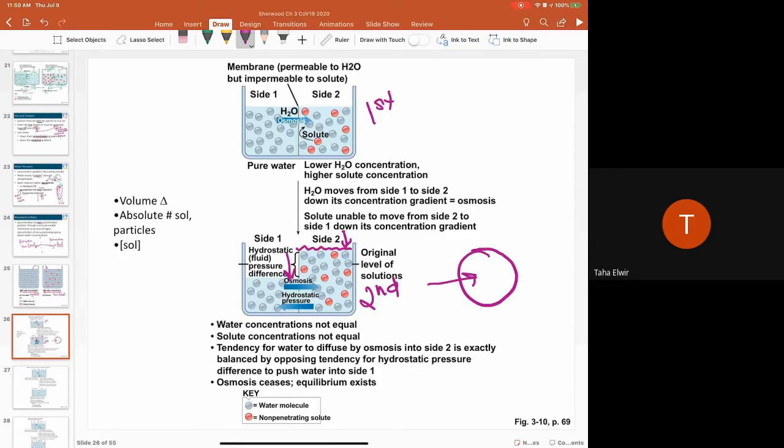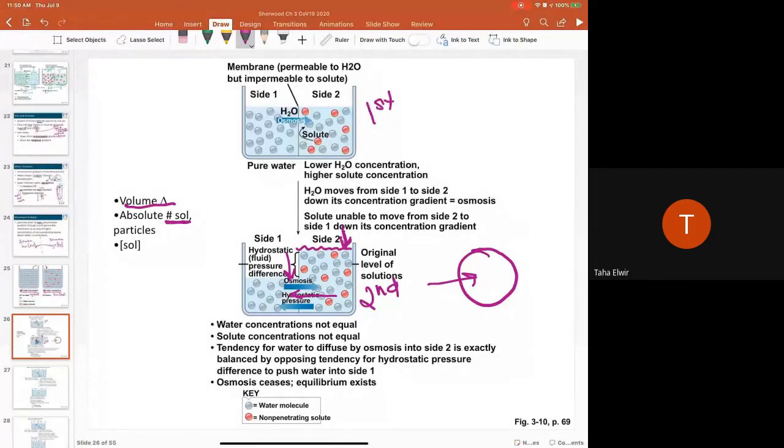So the hydrostatic pressure is the pressure on the surface, which is then exerted into the fluid and across to the opposite side. So when the hydrostatic pressures, the water pressures, are equal, then net diffusion will cease. So volume changes, but the absolute number of solute particles stays the same.